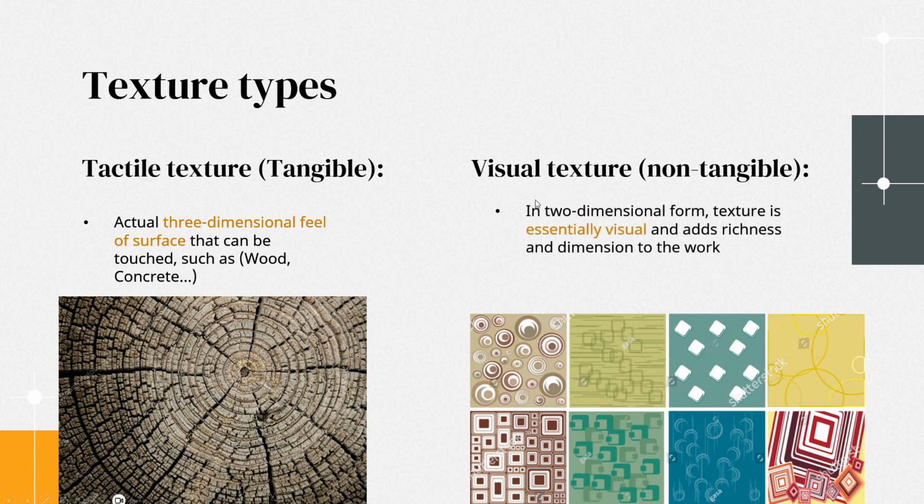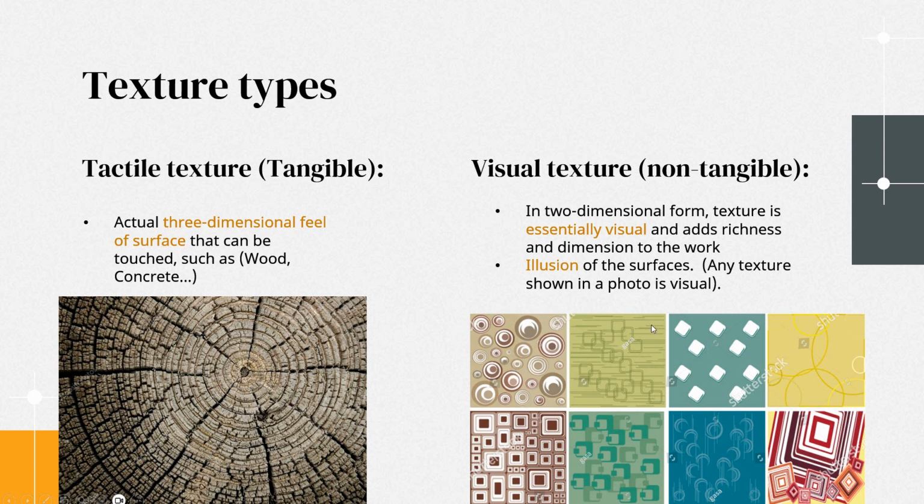Visual texture is in two-dimensional form. Texture is essentially visual and adds richness and dimension to the work. It has a sort of illusion of the surface. Any texture shown in a photo is visual. You can see that all the patterns and the design here, we call it a texture.